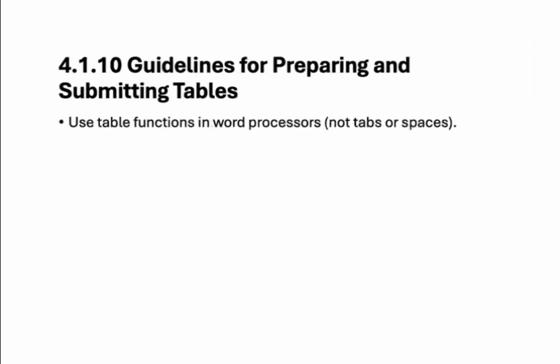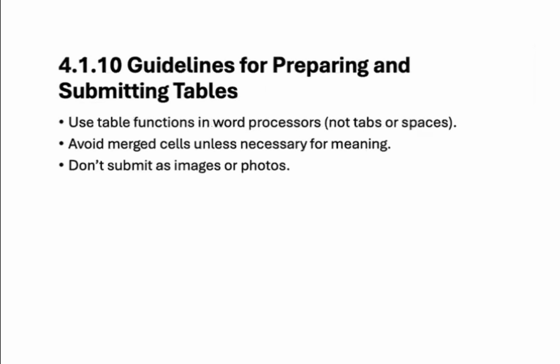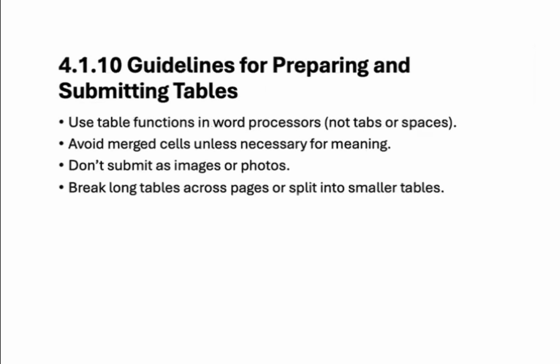Do not use tabs or spaces. Avoid merged cells unless necessary for meaning. Don't submit as images or photos, so you want an actual table. Break long tables across pages or split into smaller tables, and of course, follow journal-specific formatting instructions. All right, that's it for tables.